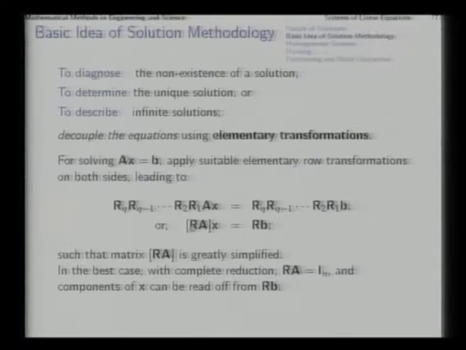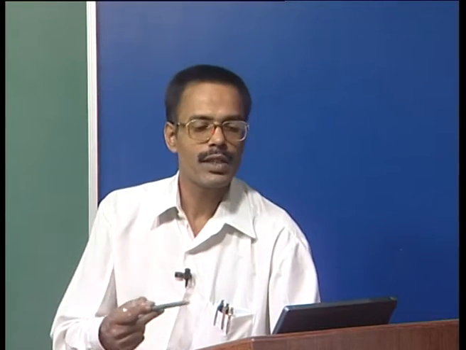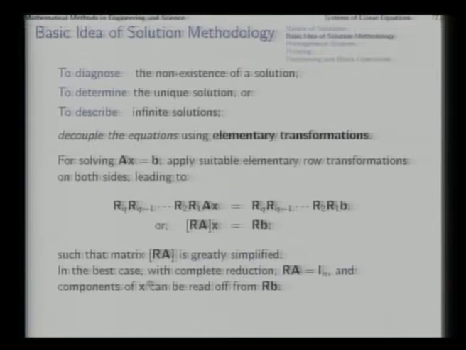We want RA to be as simple a matrix as possible, as close to an identity matrix. Accordingly, we decide our strategy on finding suitable row transformations to apply on both sides. In the best case, with complete reduction, RA becomes identity. Then identity times x is simply x, and whatever is the vector on the right hand side, its entries will give us the values of x1, x2, x3, etc.